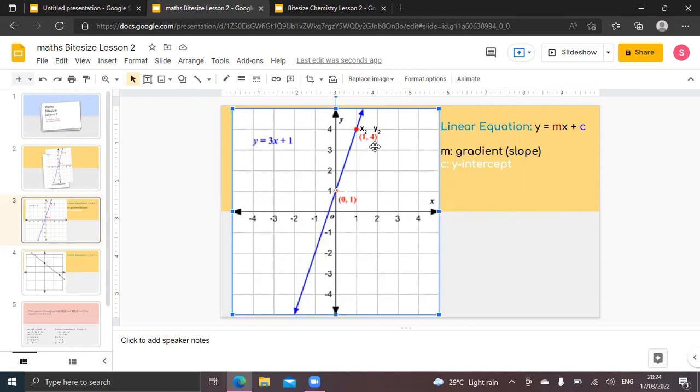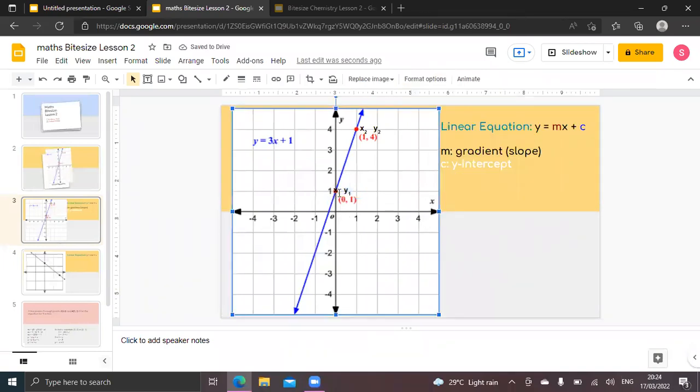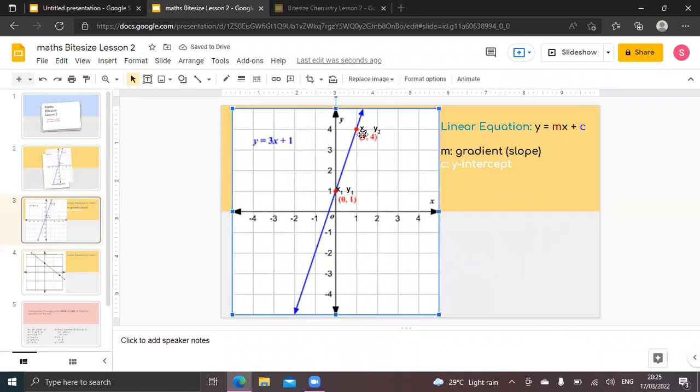Why do I put x2, y2? Because we have two points. So this one I label as 1: x1, y1. It would be easier for you if you label it. So in other words, x1 is 0, y1 is 1, and then x2 is 1, and y2 is 4.